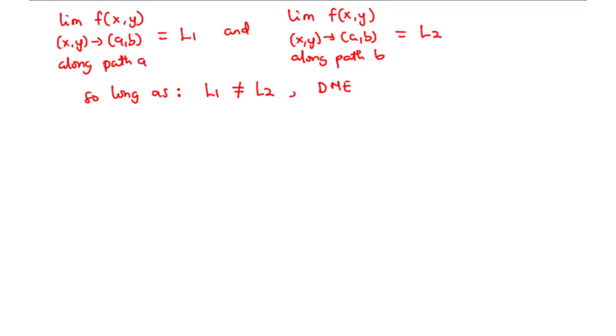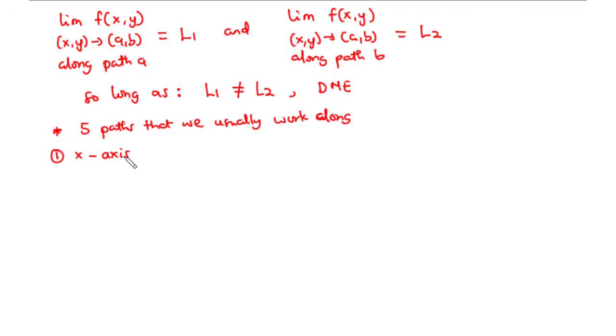But even with that, there are at least 5 paths that we usually work with. So these are along the x-axis.